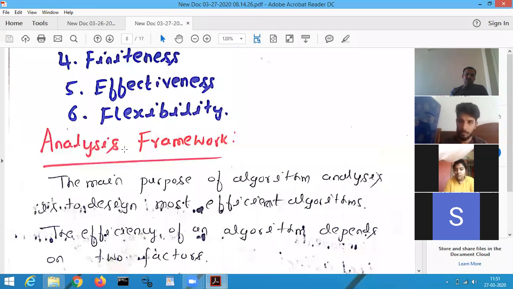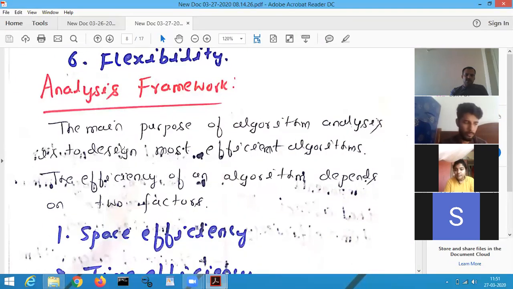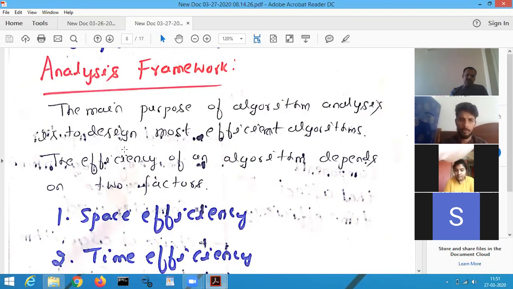Now let us concentrate on the analysis framework. The subject itself says design and analysis of algorithms. First, we need to design the algorithm. Next, we need to analyze the algorithm.